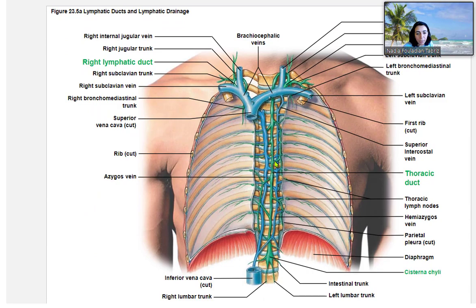And this picture is showing again the right lymphatic duct and also the thoracic duct that pours, and at the end pours into the subclavian vein on this side and on this side, right before the jugular vein joins that one and makes the brachiocephalic vein.